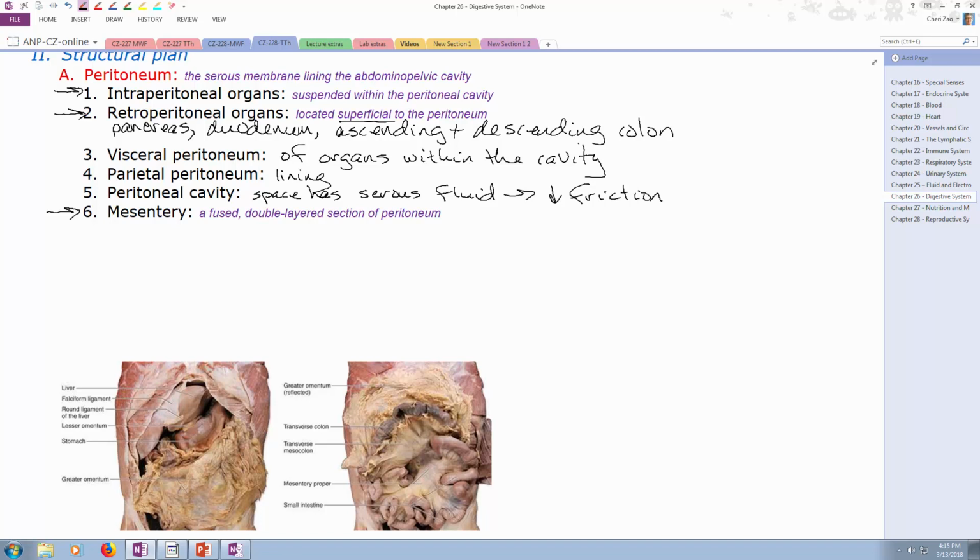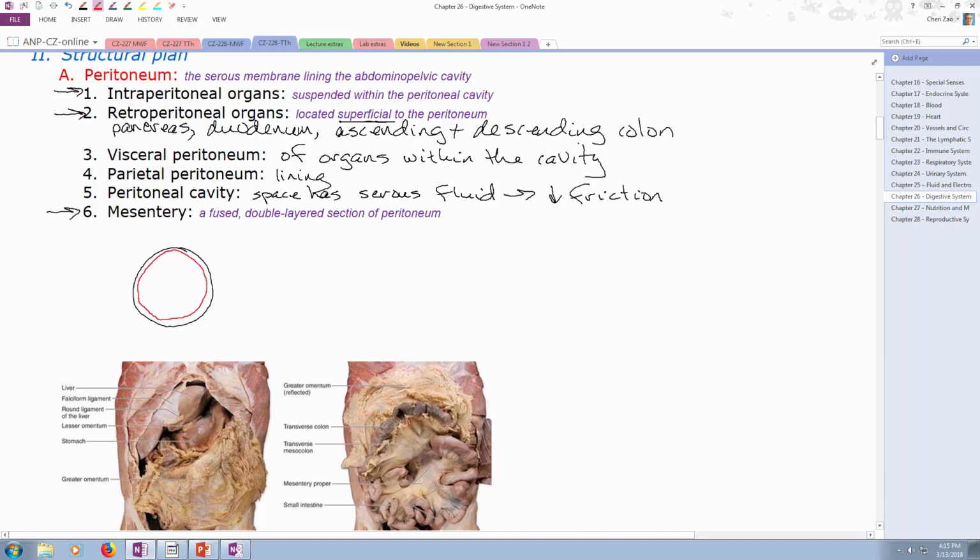Now, mesentery is what is responsible for keeping our intraperitoneal organs attached. What's important for you to realize, our notes say it's a fused, double-layered section of peritoneum. We all started out like a tube, and our organs fell into the lumen of our tube. So let's put a little parietal peritoneal lining inside our tube here.